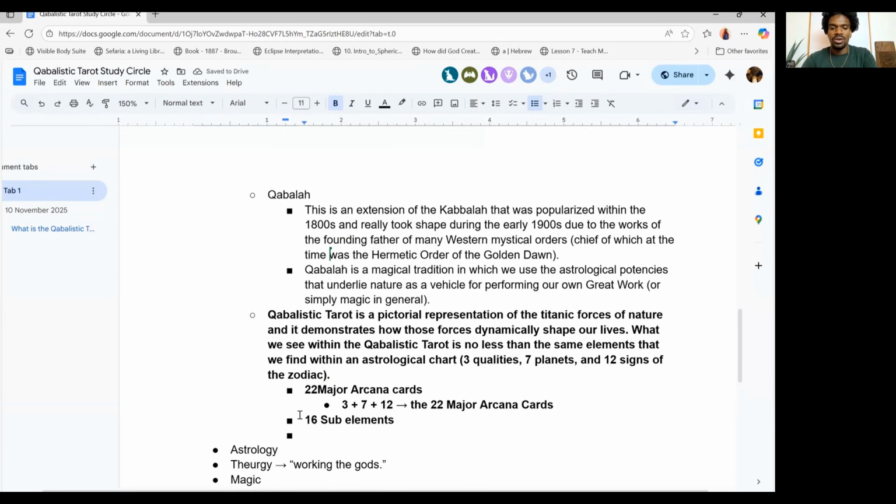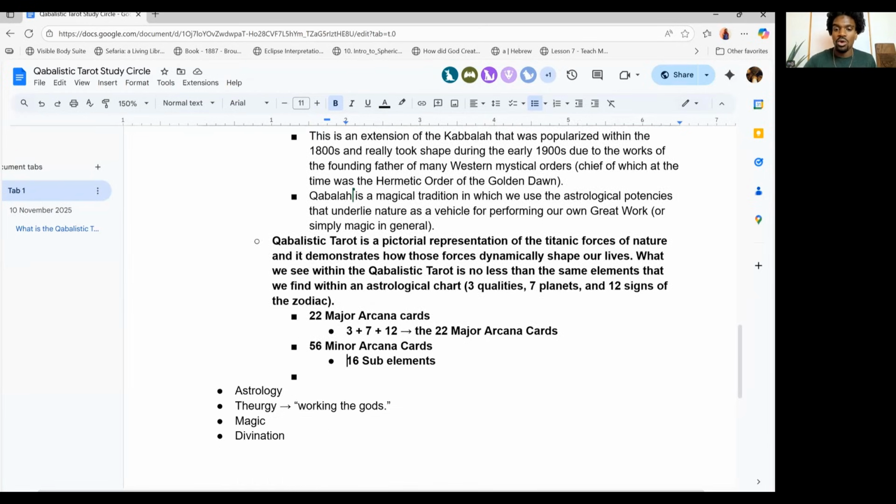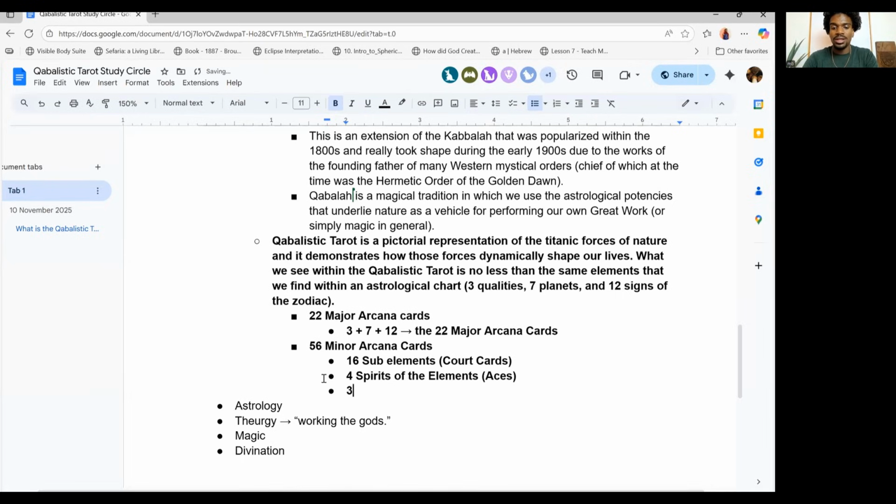Then we have 56 Minor Arcana cards, and the 56 Minor Arcana cards are divided into the 16 sub-elements or court cards, the four spirits of the elements or aces, and then the 36 numbered cards, which are also called the decans, right? So this is how we divide the Kabbalistic Tarot.